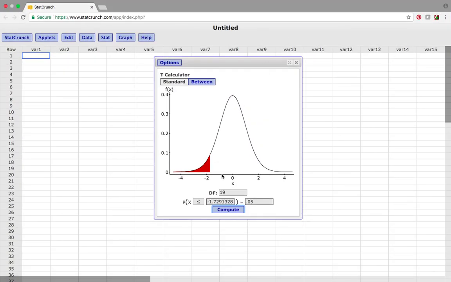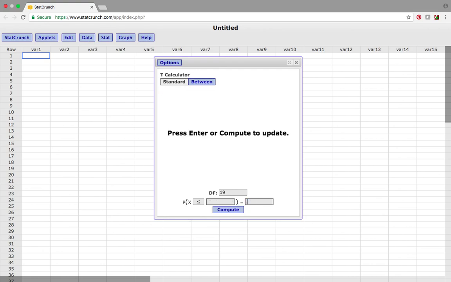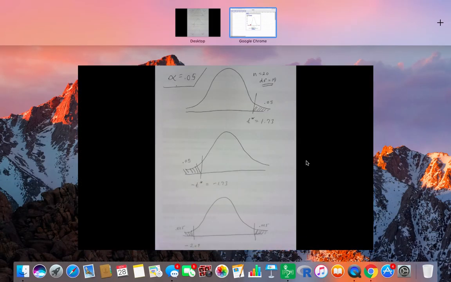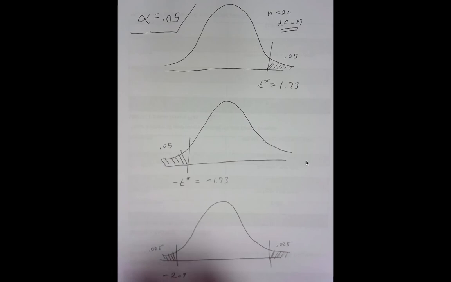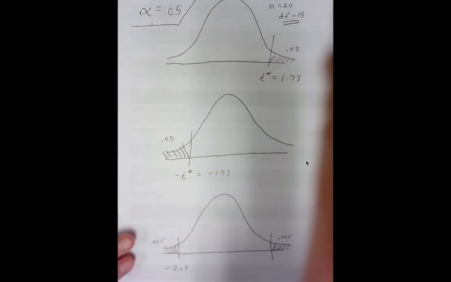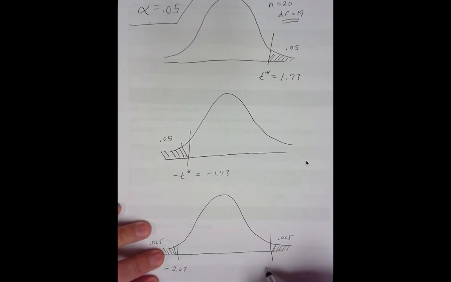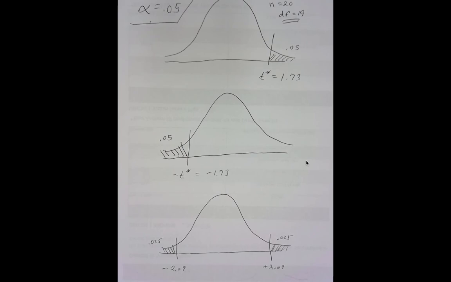Essentially, if you want to go about it this way, you can get the lower 0.025 and see negative 2.09. And we can get positive 2.09 right here to the right, again because of symmetry.